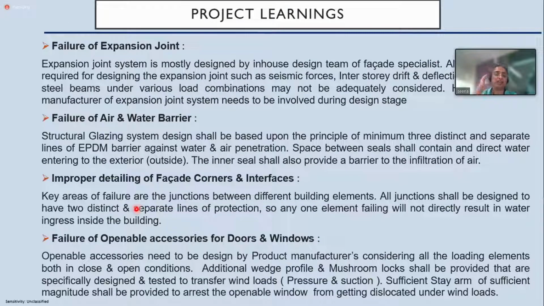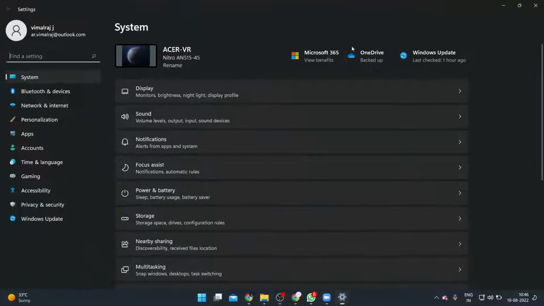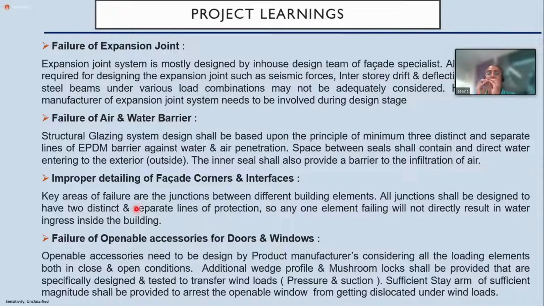Now, this is a very interesting slide. I've compiled all the failures that happen in typical projects and the accessories that we have to look at. Like I told you before, we mainly focus on the modulation, the glass, and the system, but there are these little things that get missed that fail to arrest the water, or there is a leakage. These are the common things I've put in.